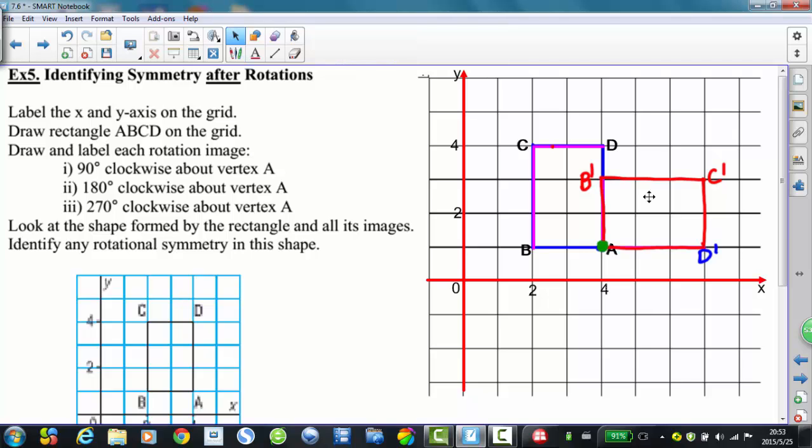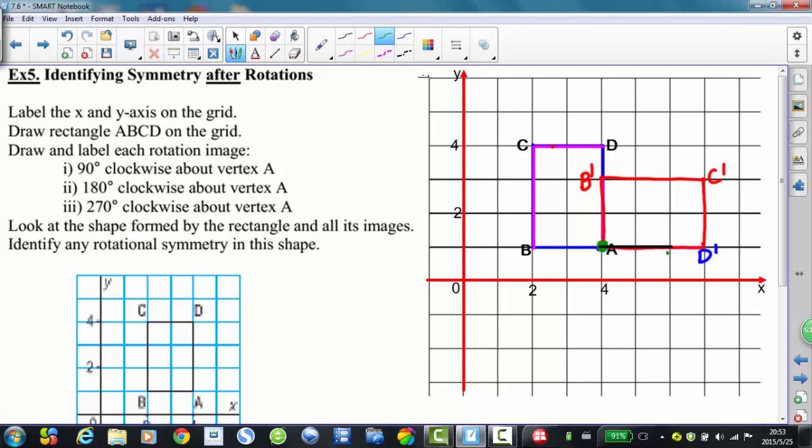So right now I want to rotate this original shape 180 degrees clockwise about the vertex A. So if I want to rotate this one, I want to rotate line segment AB first. Line segment AB was 180 degrees clockwise. This is 90 degrees clockwise, 180 degrees clockwise.